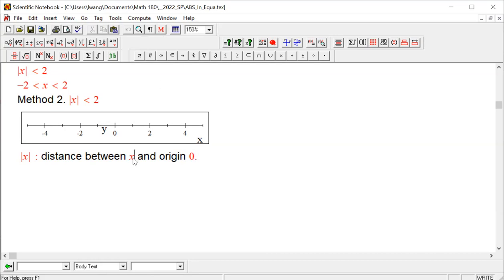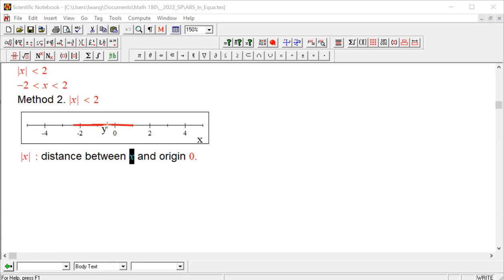We don't know what x is, but we know where origin is. This is the origin. The distance could be this piece, and that's the distance less than 2.